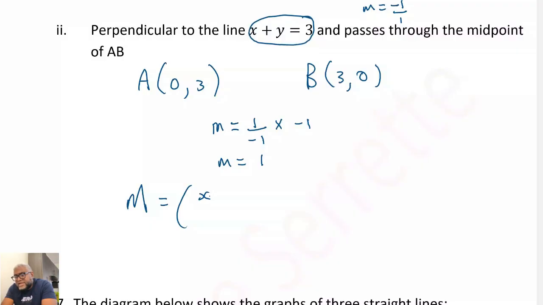Capital M equals what? No, I want the midpoint. What is the formula for the midpoint? Somebody help him now. x1 plus x2 over 2, comma, y1 plus y2 over 2.